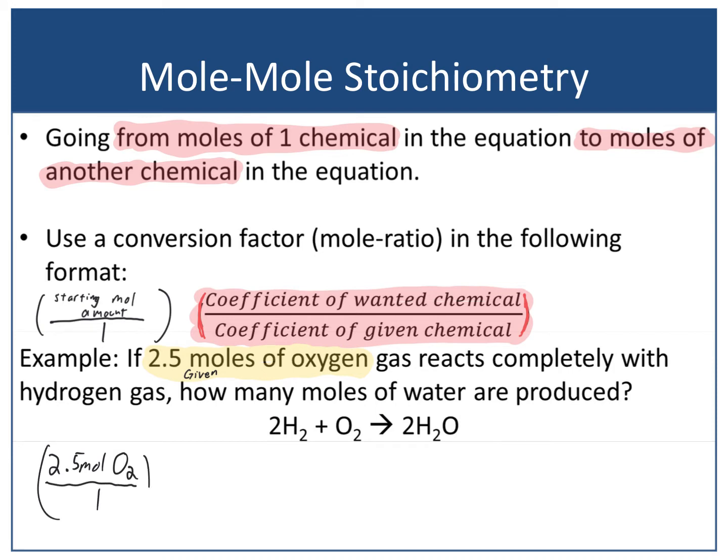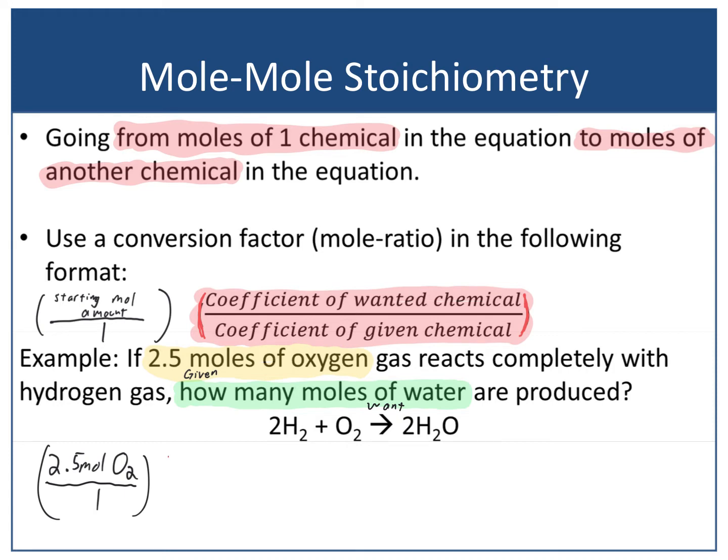We're going to plop that over 1. So this, if 2.5 moles of oxygen gas reacts completely with hydrogen gas, how many moles of water are produced? How many is our key words. Those are our questioning words that tell us what we want. So at the end of all this, we want water.